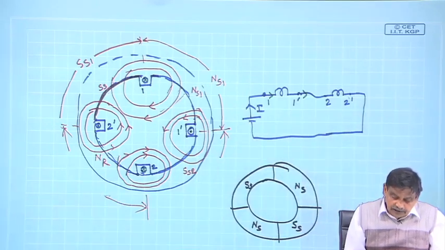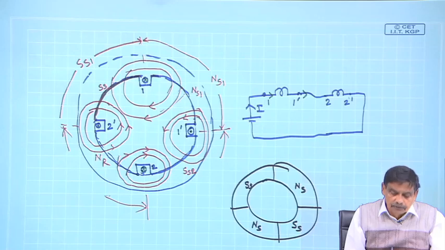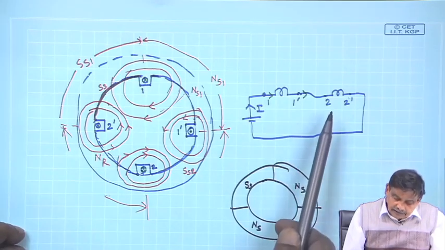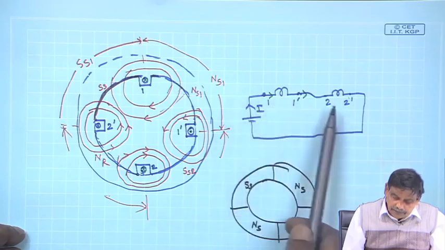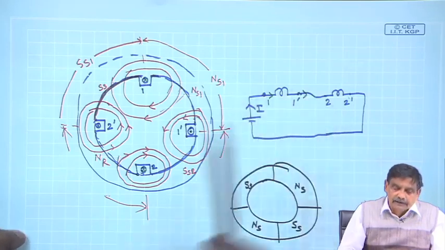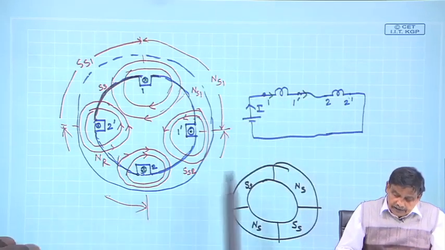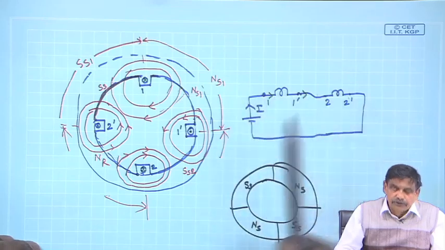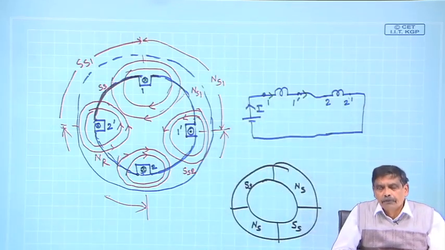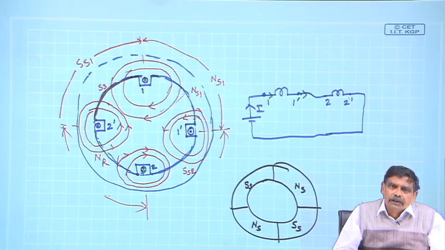The terminals 1 dashed and 2 dashed are available to me, and then I connect them in series like this. To test how many poles the machine is going to produce, you excite those coils by a constant direct current.